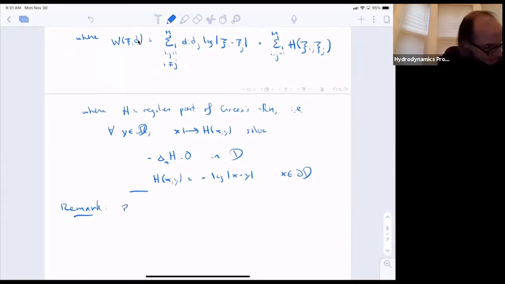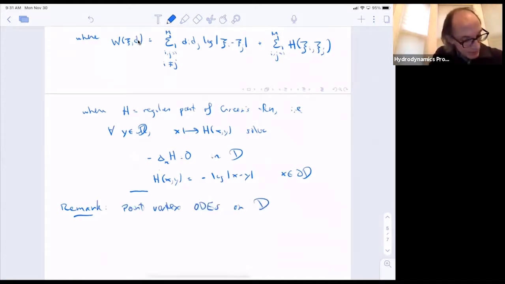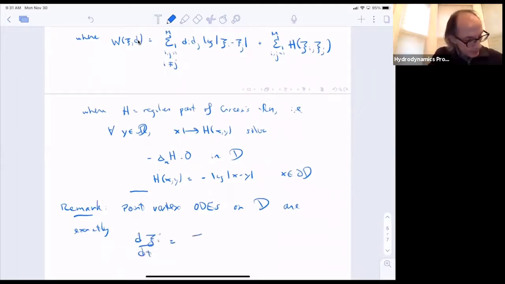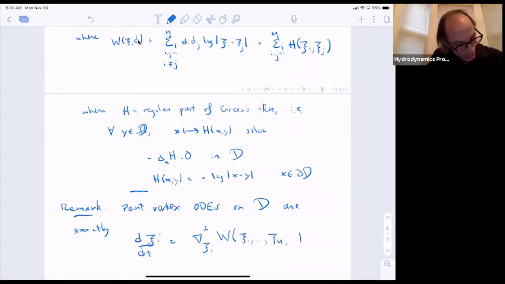And so the point vortex ODEs on the bounded domain D are exactly, let's say, d xi dt is the gradient orthogonal with respect to xi of w of, okay, so if you remember, so what's this say?